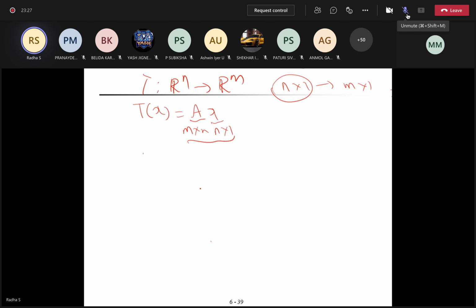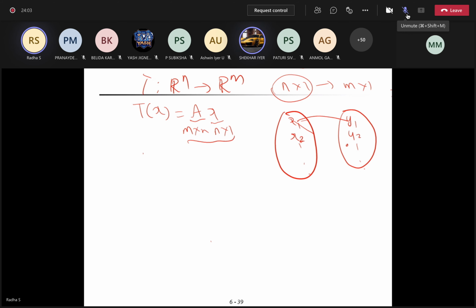Can anybody say what could be the kernel of this particular linear transformation? See, all vectors in R power n, x1, x2, etc. Here, maybe I'll call them y1, y2, etc. The kernel is the set of all vectors which should be mapped onto the 0.